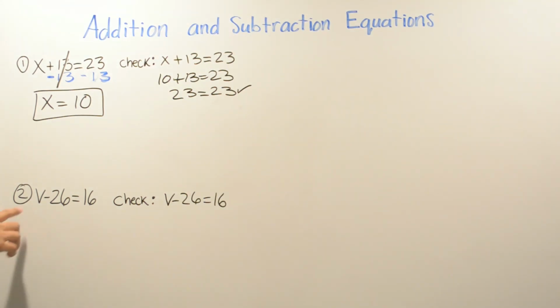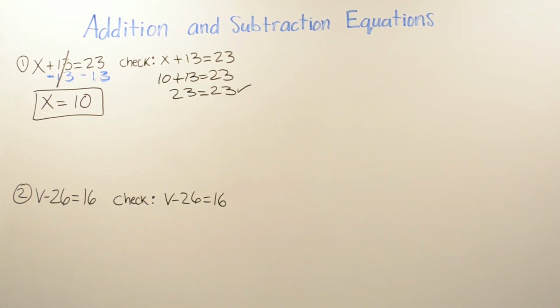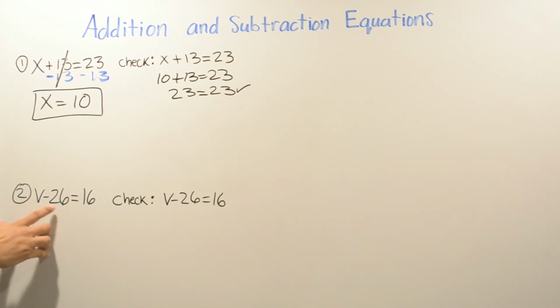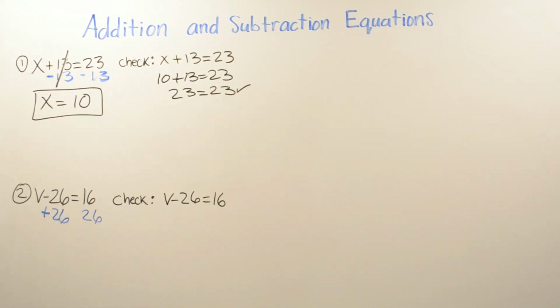So for number 2, you have v minus 26 equals 16. Once again, you have to do the opposite so they can cancel. So the opposite of negative 26 is going to be positive 26. Whatever you do on one side of the equal sign, you always have to do on the other side as well.